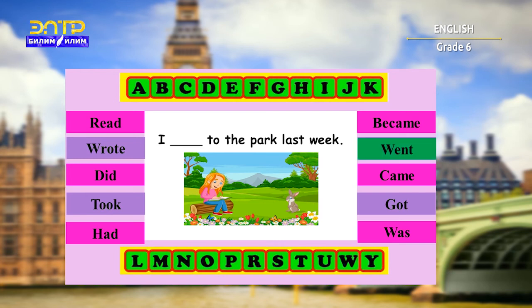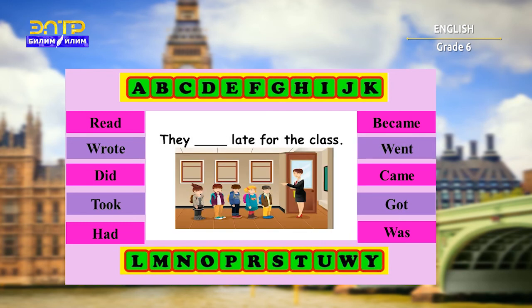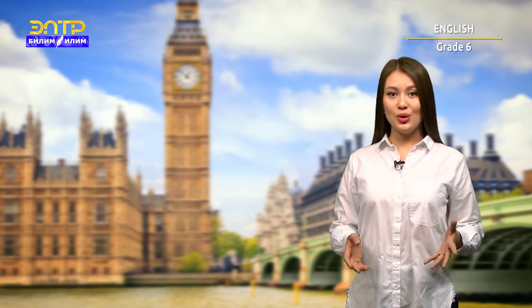I went to the park last week. They late for the class. They came late for the class. You are doing great, and I'm glad that you came so far.